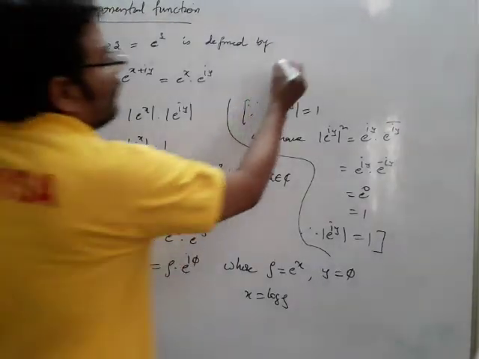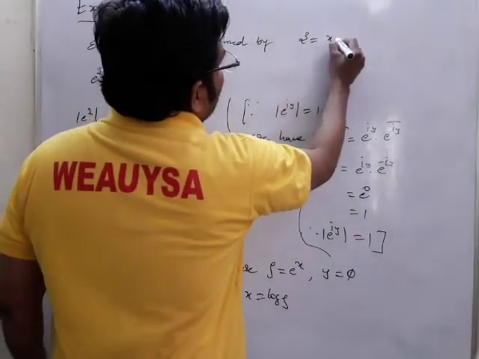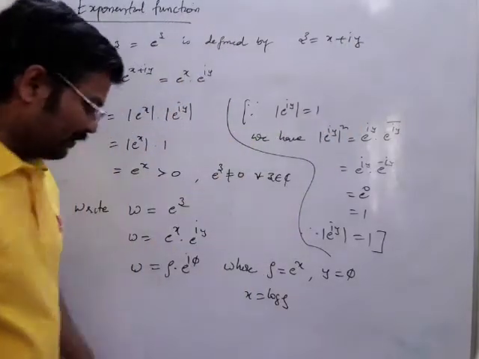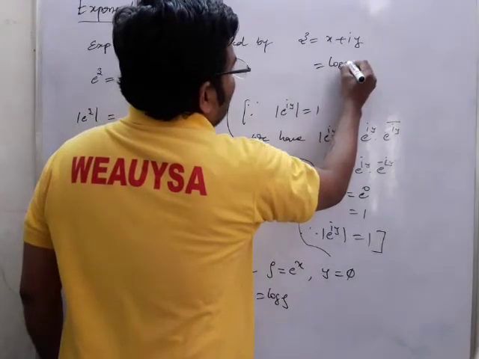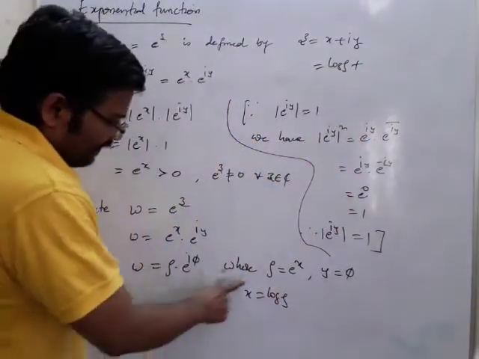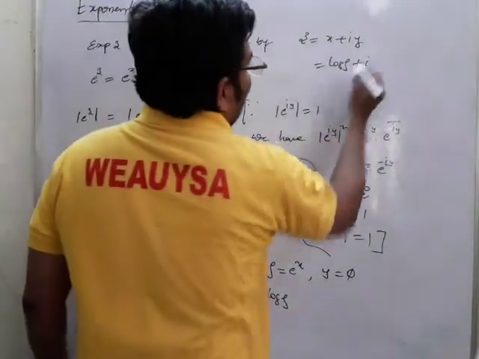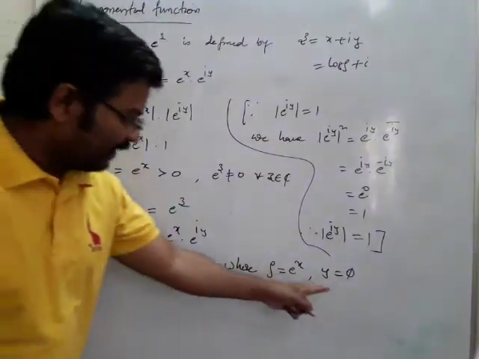Therefore I can write z is equal to x plus iy. We'll substitute the value of x. x is nothing but log rho. So I may write here log rho plus i into y. y is nothing but phi.